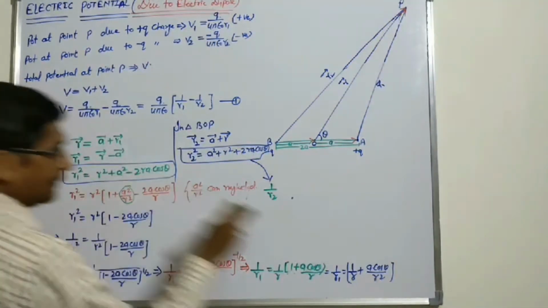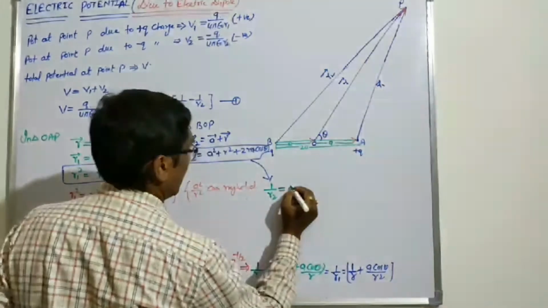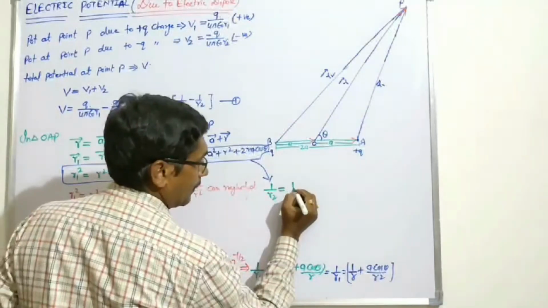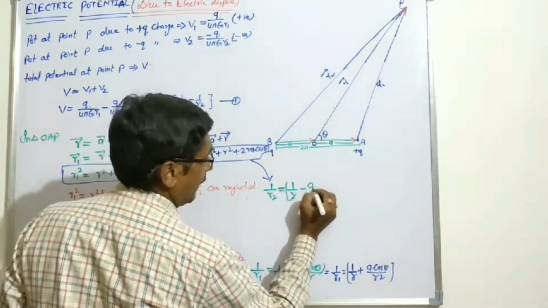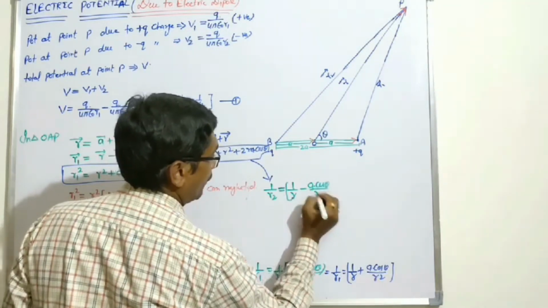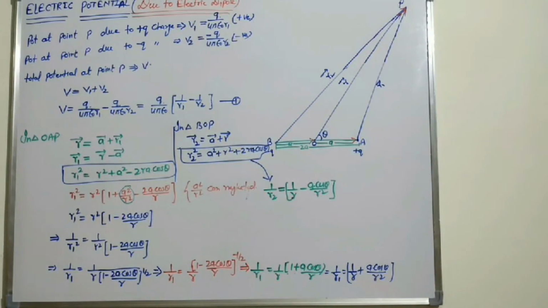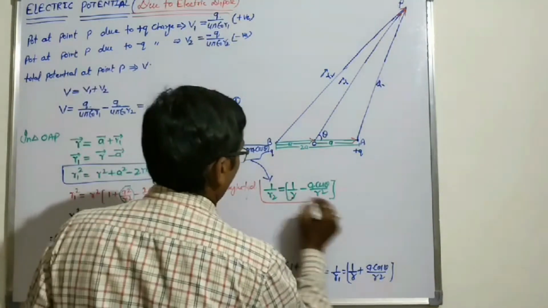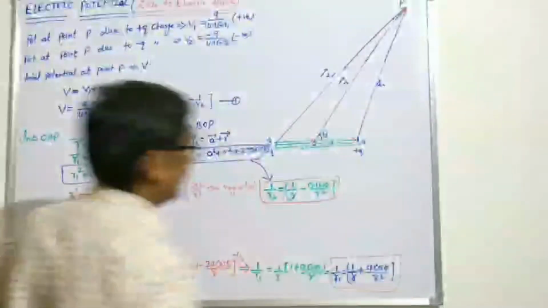Here the minus sign is converted into plus, and plus is converted into minus, so we get 1 upon R minus A cos theta upon R square. Okay, this is the value of 1 by R2, and this is the value of 1 by R1.